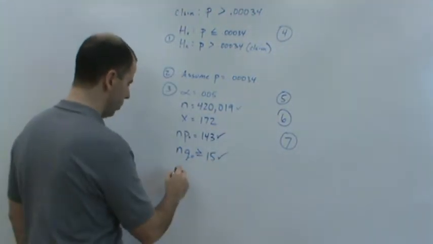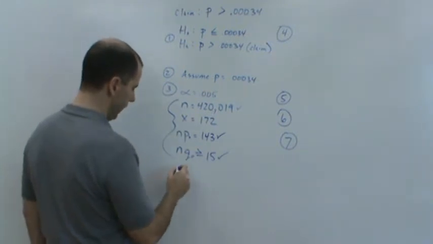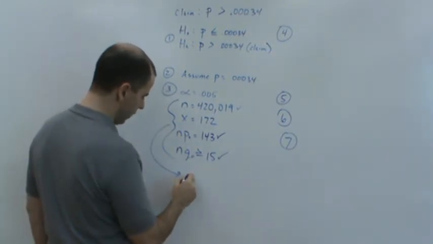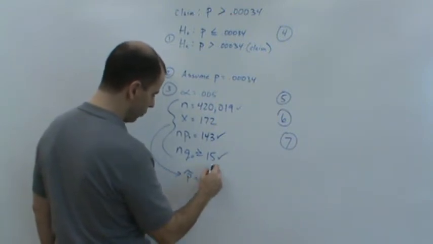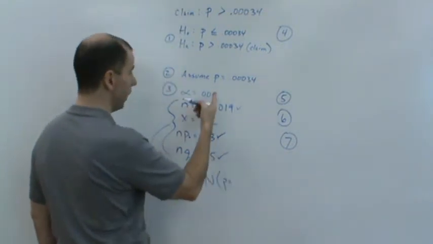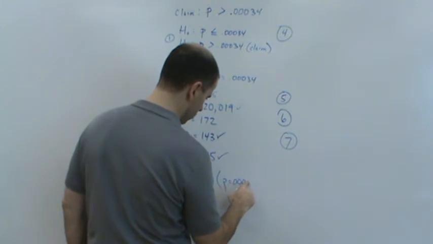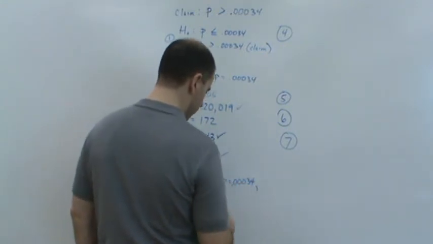So we know, based on our data, that the distribution of p hat is going to be approximately normal with a mean of p, which is equal to 0.00034. Okay?